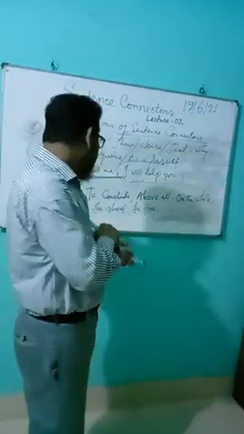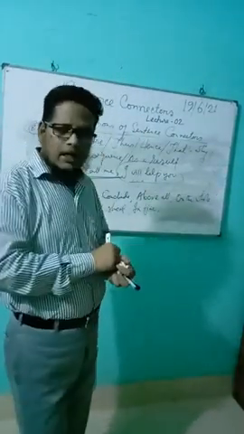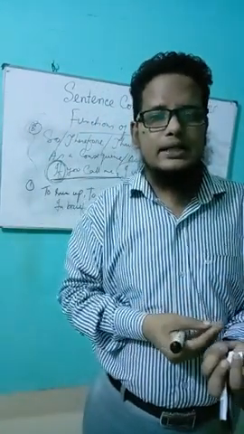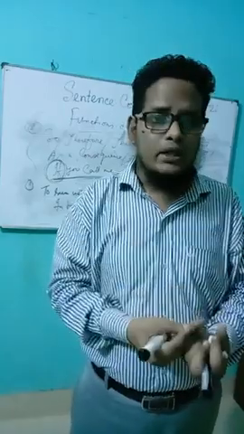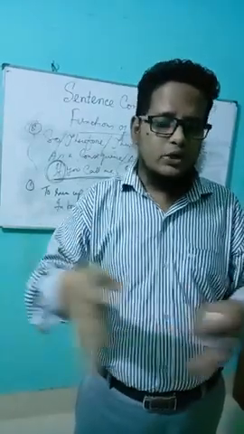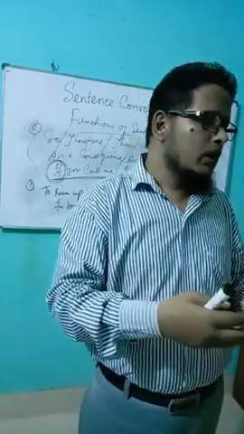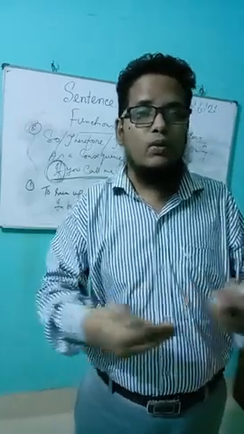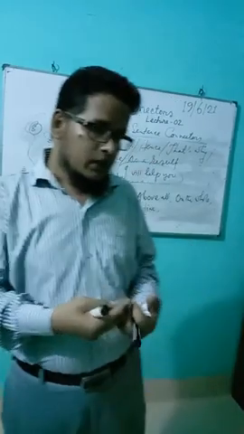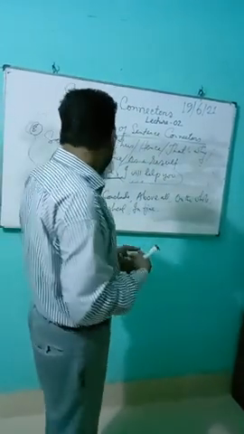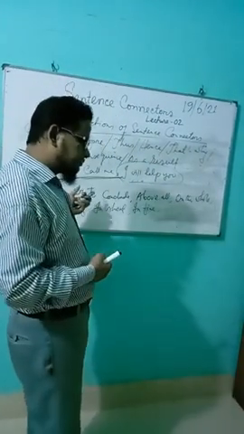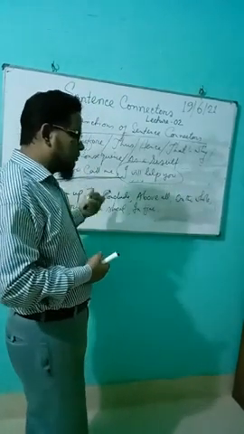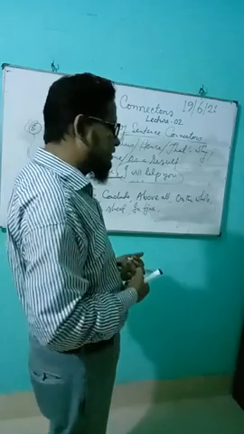And just to sum up, we can say that connectors and linkers and the conjunction are the same, and their main duty is to join the ideas, to join the sentences, to join two or more words together in the sentence. And connector works as a conjunction to join two or more words, phrases, clauses in the sentences.